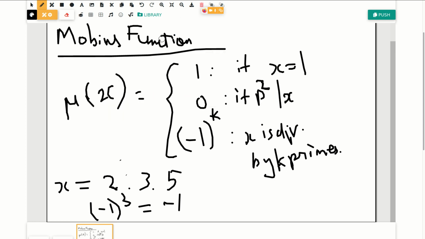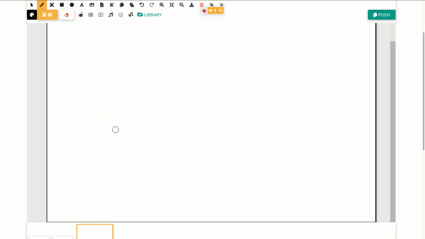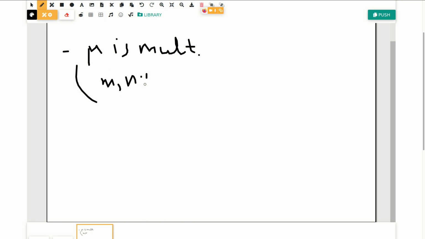Yeah. Okay. All right. So again, the reason we are studying the Mobius function is because mu is multiplicative, and I think it's pretty obvious to see why. We would consider two numbers m and n which are co-prime, so they won't share any primes between them. If m is a number which has a prime dividing it more than one time, then mn will also have a prime dividing it more than one time, and both these values would come out to be 0.